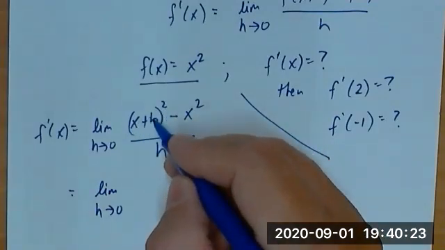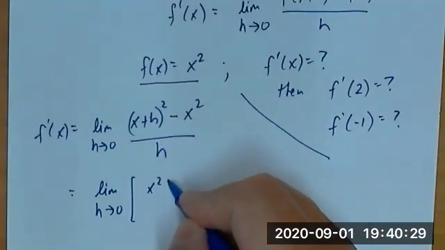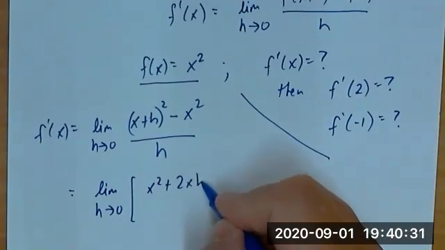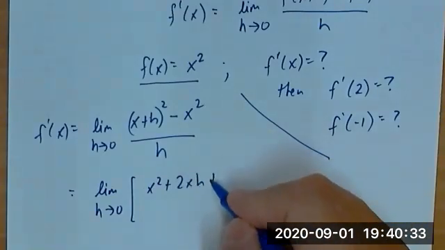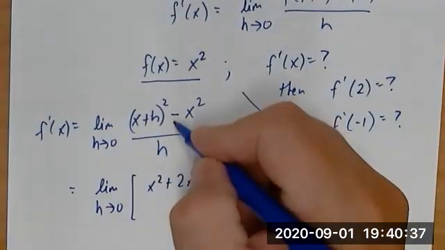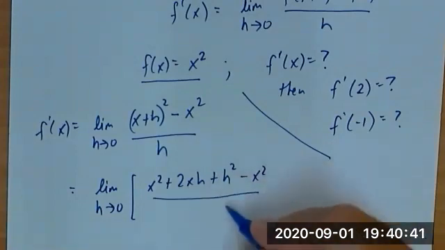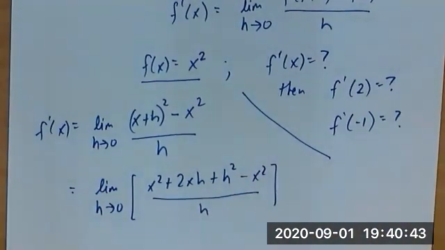Because it's x plus h times x plus h. So it ends up being x squared plus 2xh plus h squared. That's multiplying out the parentheses. I've still got the minus x squared, and it's all over h.